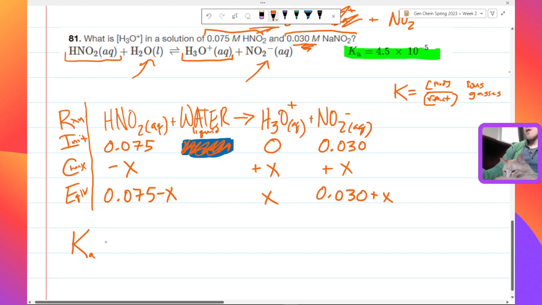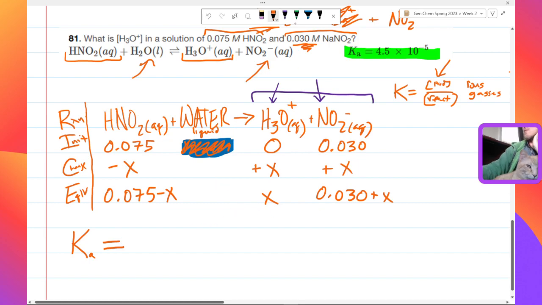we can have our equilibrium mass action expression, which is always, as I noted here, products over reactants. If there were stoichiometric coefficients, we'd raise these things to them, but there are not. So our products are these ions right here, hydronium and nitrate.